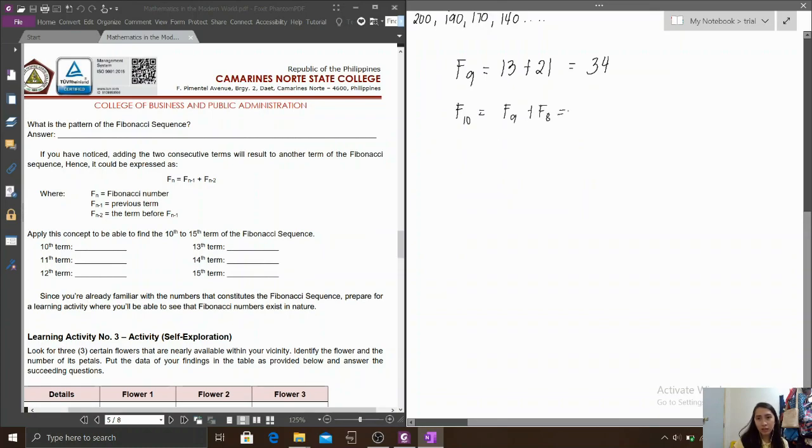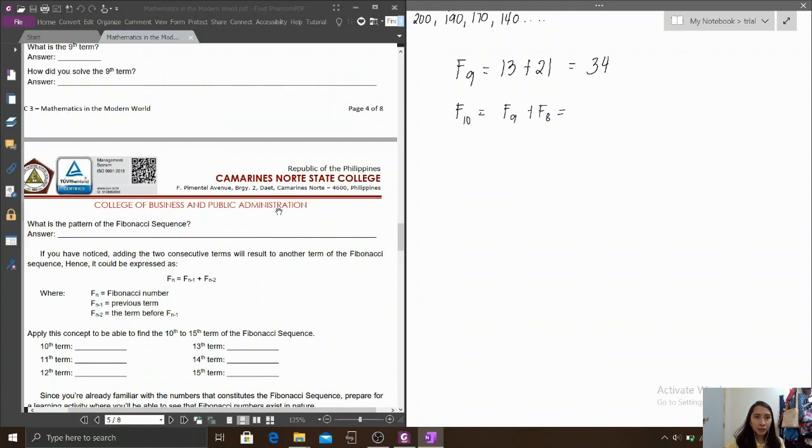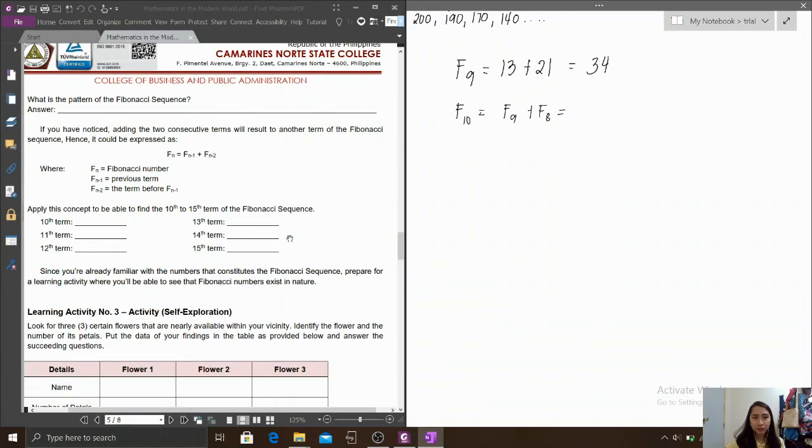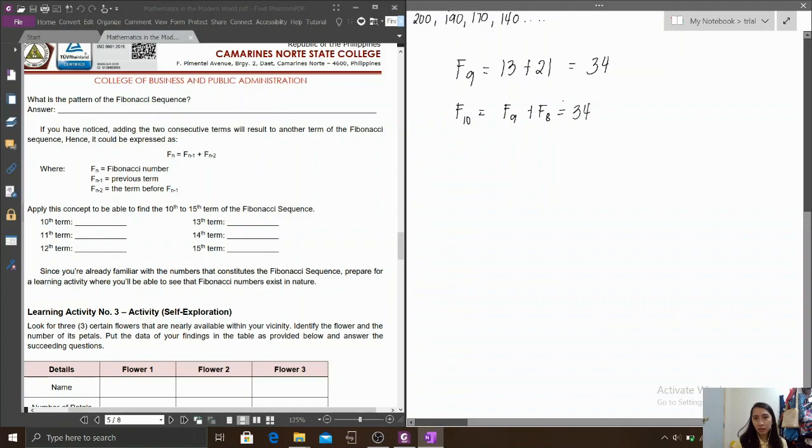So, what is our 8th term? That is 21. I even checked the table. So, first, the 9th term, this is 34. And the 8th term, which is 21. So, this is equal to 55.